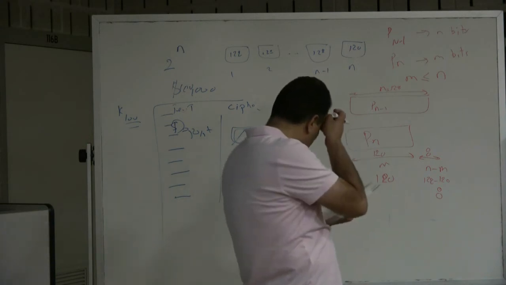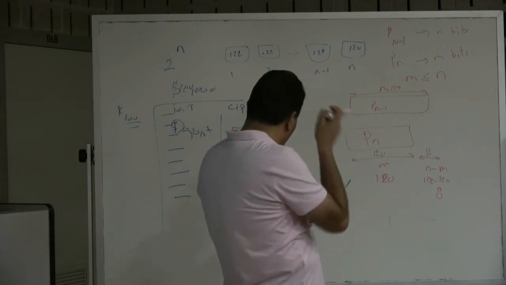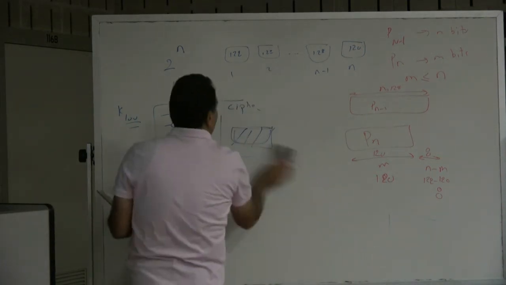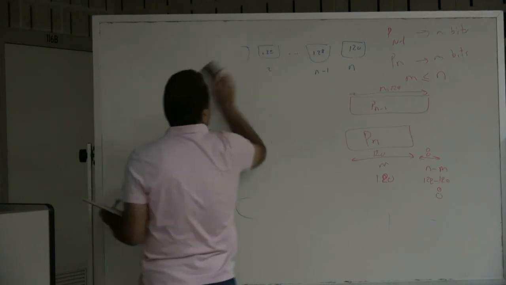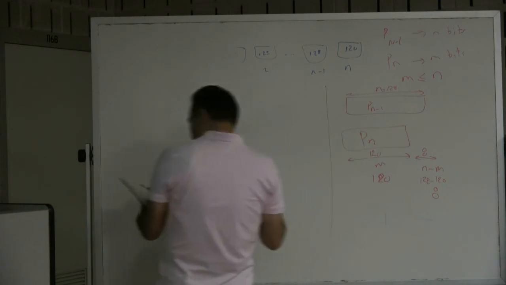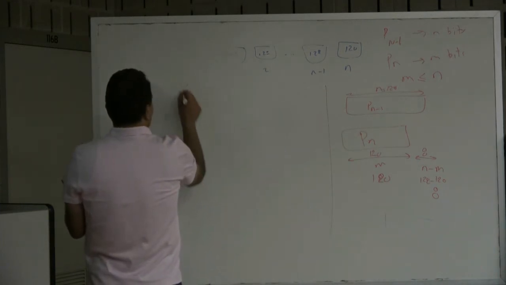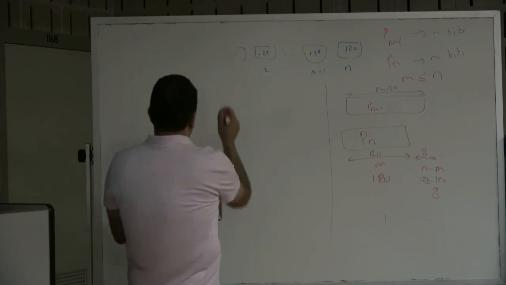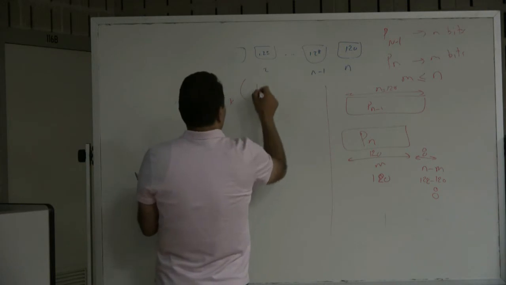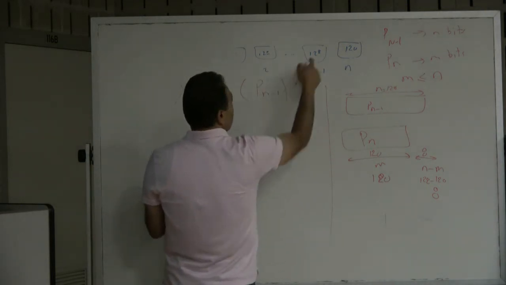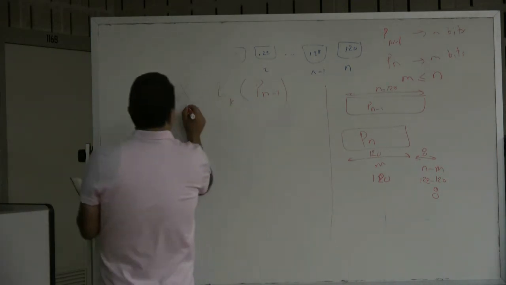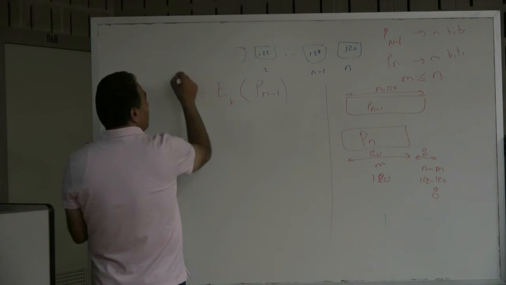So what we do, we take x. What is x equal to? We're going to encrypt, using the key, the Pn-1, which is the one before the last one. So what is the size of x? 128 bits.